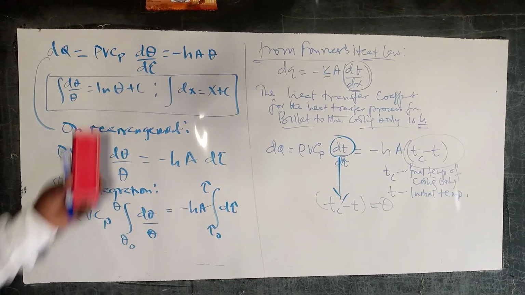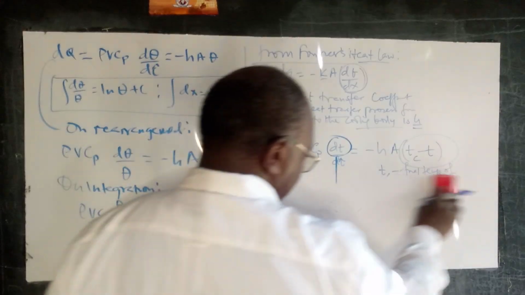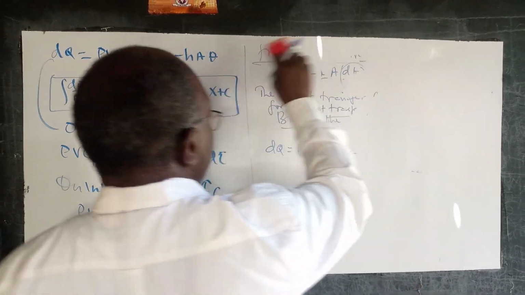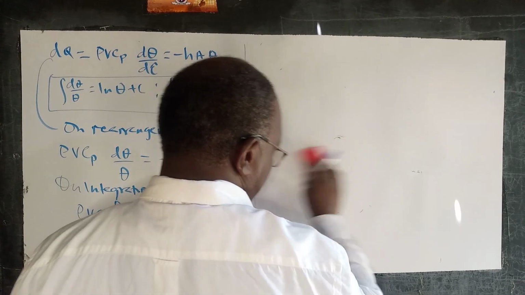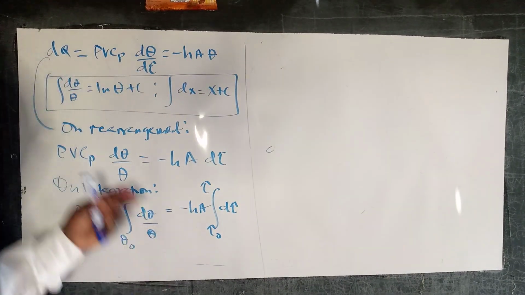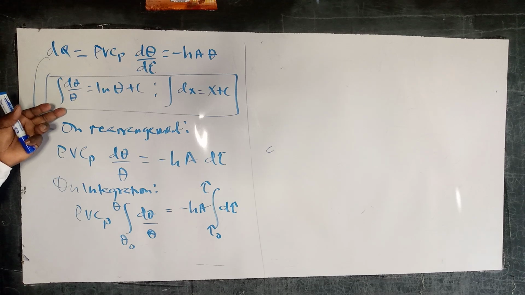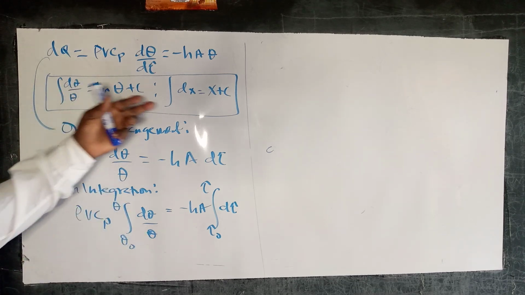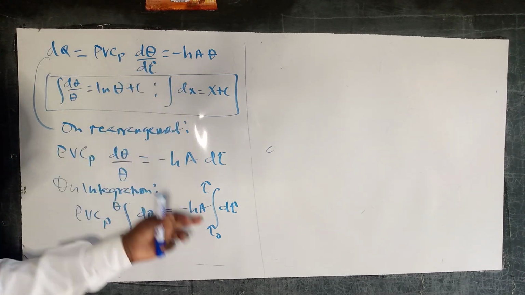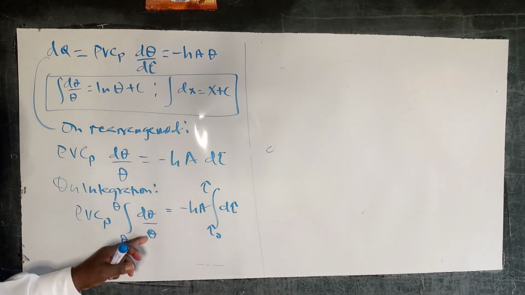Very simple. Now let's apply the identities which we have talked about. We have just said the integral of d theta over theta will give the natural log. And if you integrate dx, you simply get x. So in the same way we get tau here, and we'll get the natural log.